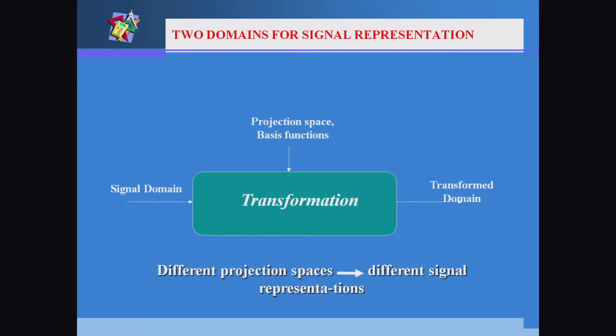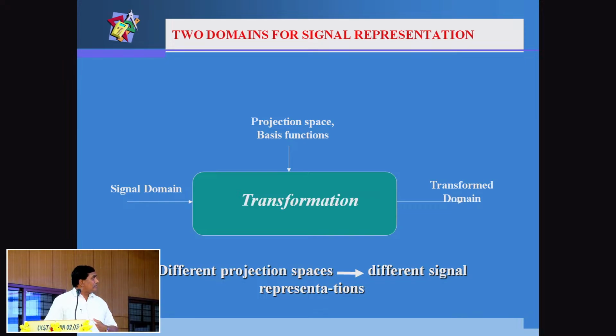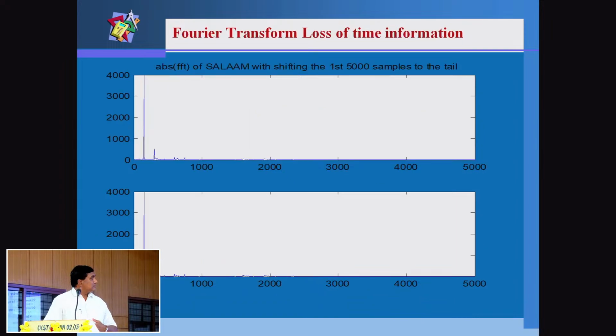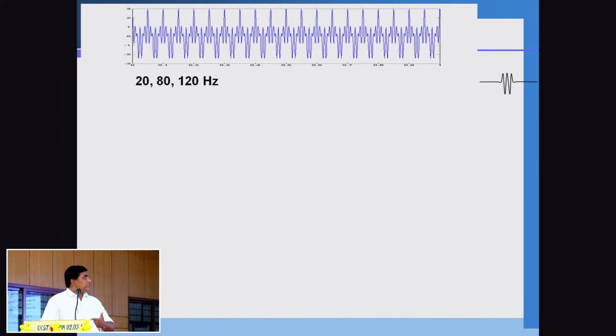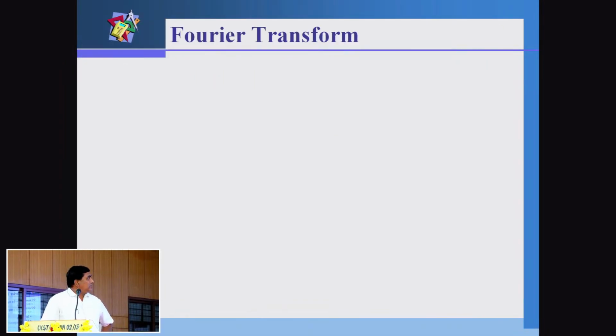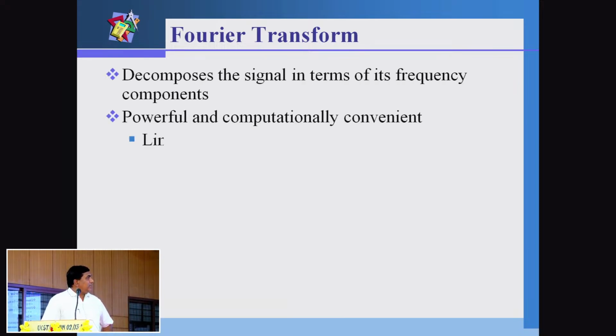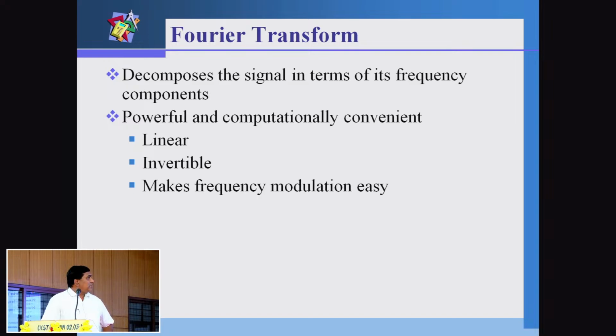Different projection spaces lead to different signal representations, which we call multi-resolution analysis. Here, decomposition of the signal in terms of frequency components, powerful and computationally convenient, linear, invertible, makes frequency modulation easy, good for stationary signals. Which one? Fourier.